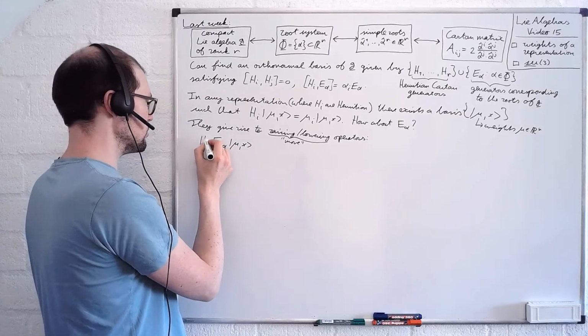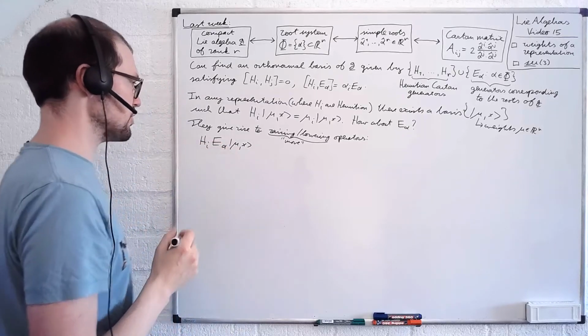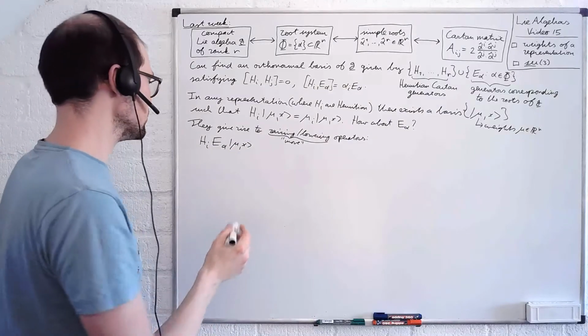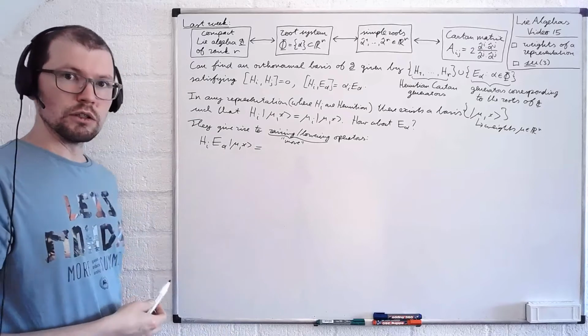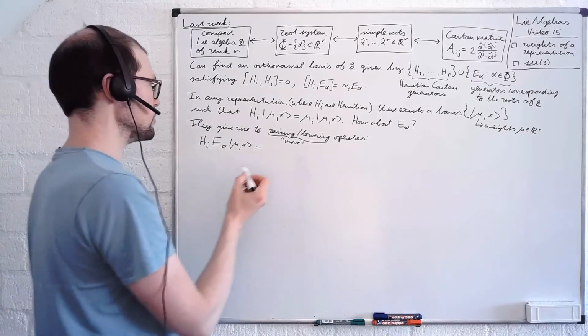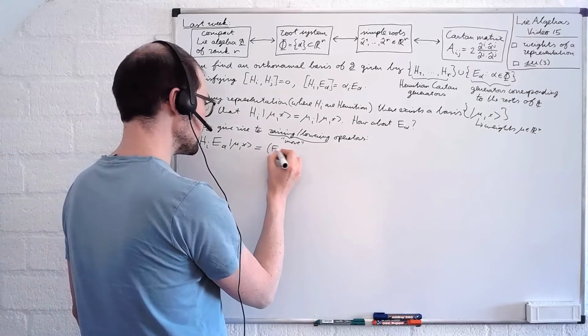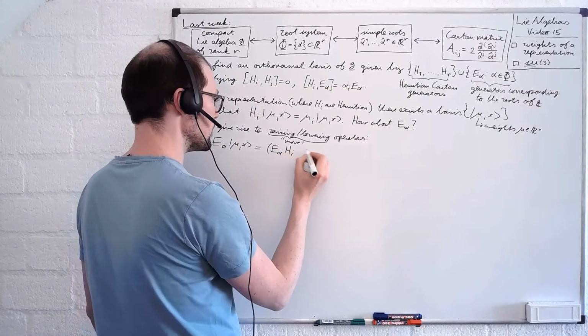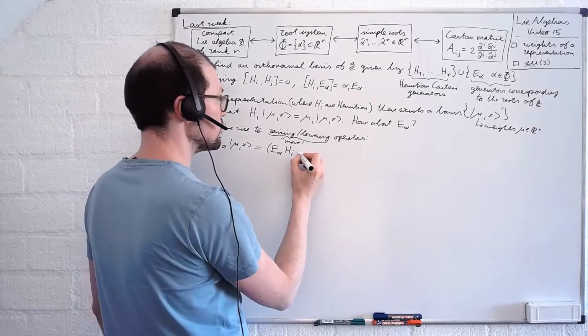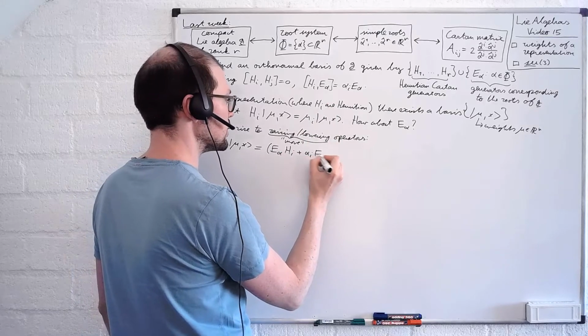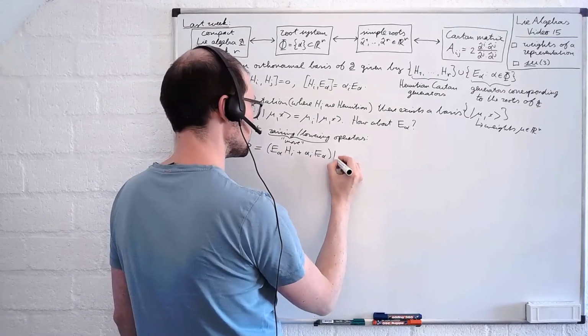We already did this computation last week in the adjoint representation, but it's true in any representation. So we use the commutator to switch the order of these operators. So we get E_alpha H_i plus the commutator of H_i and E_alpha, so plus alpha_i E_alpha acting on this state.